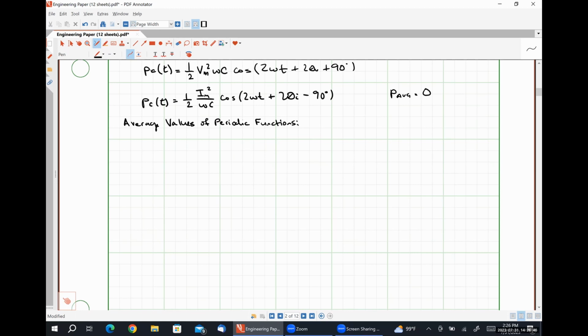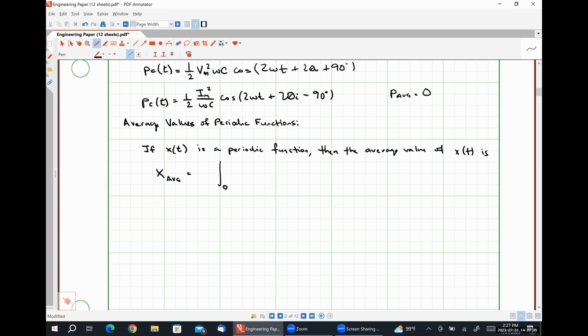So if x of t is a periodic function, meaning that it repeats itself at regular intervals, then the average value of x of t, x average, is equal to the integral over exactly one period.